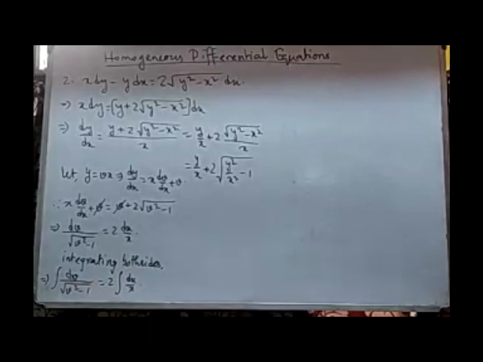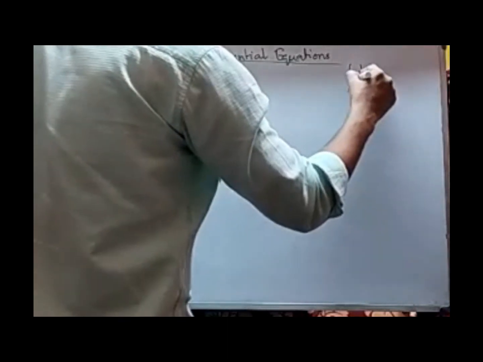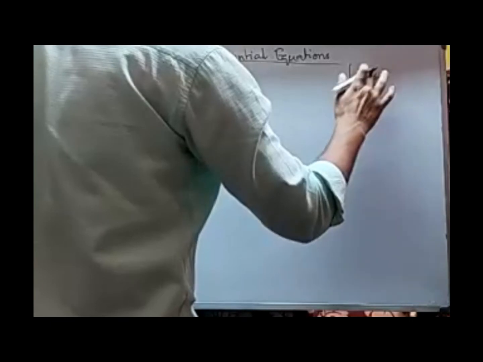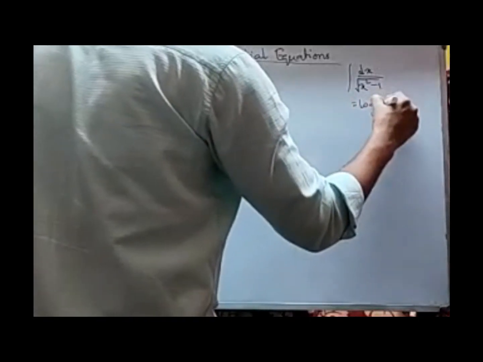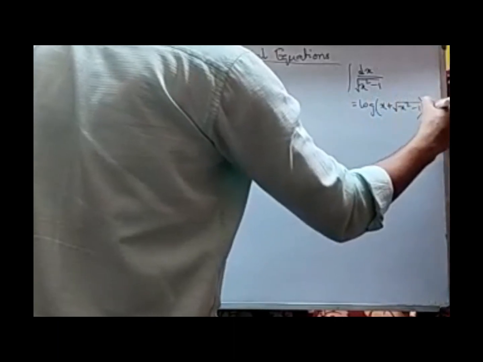Now this formula, dv by square root over v square minus 1, we don't know. Let me just once tell this. dv by square root of v square minus 1, or in general, say I'm saying for x, dx by root over of x square minus 1, this is log of x plus root of x square minus 1 plus c.